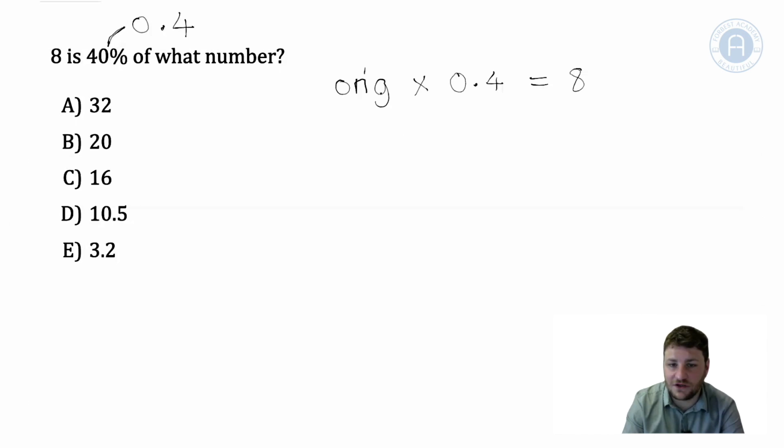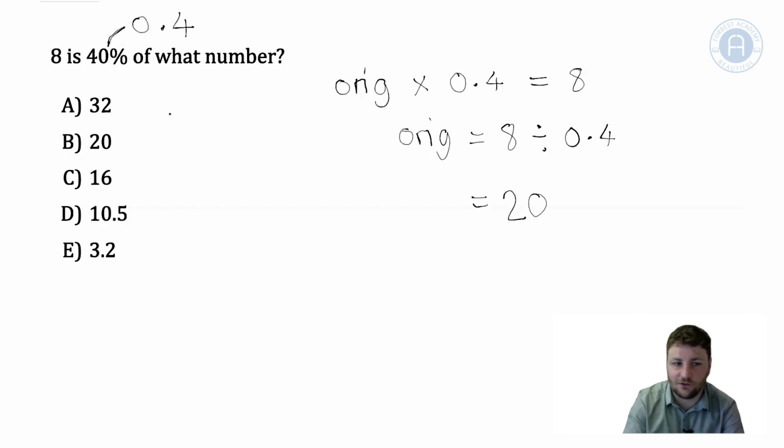So if I've got our original number times 0.4 is equal to 8, to find that original number, I can just divide 8 by 0.4, which gives me 20. So our original number would be B, 20.